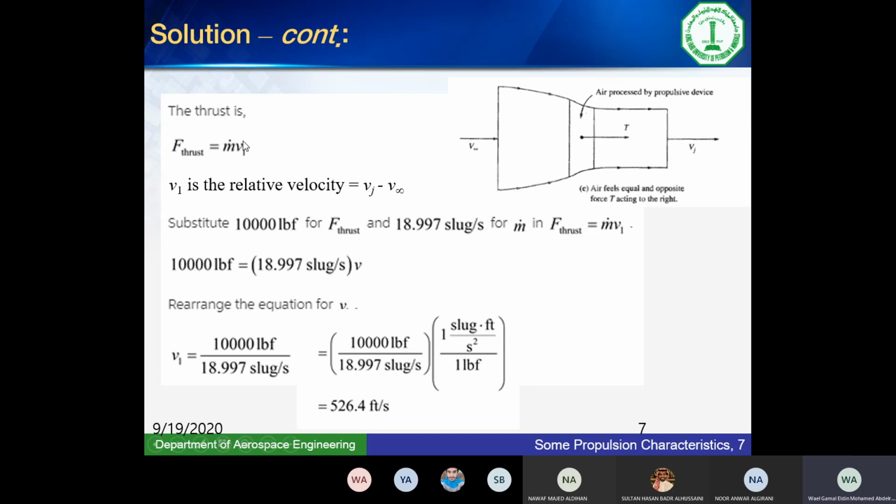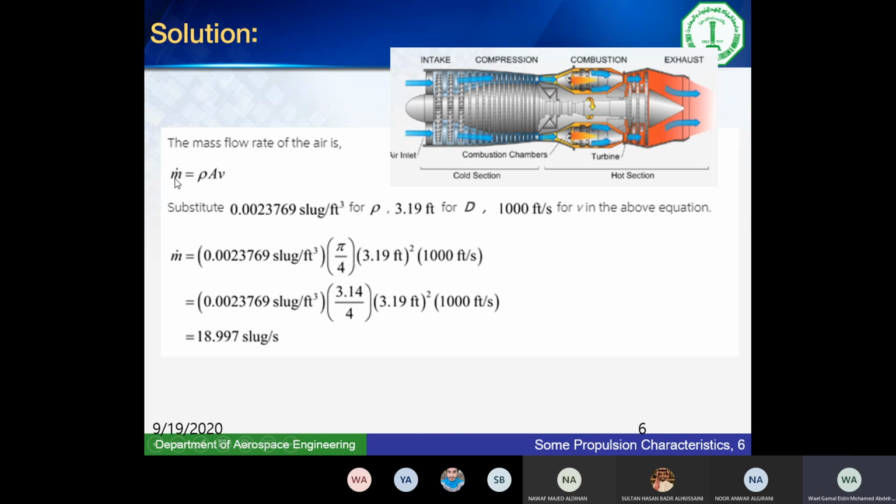In fact, we have an expression for the mass flow rate, m dot, for a gas that's flowing through a pipe, for example. We call this type internal flow because it's going inside something, not external, just like the airfoil. M dot is rho times A times V, where rho is the density of the air, A is the cross-sectional area of the tube, and V is the speed.